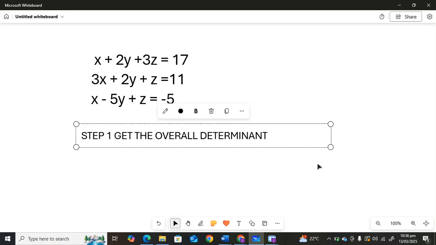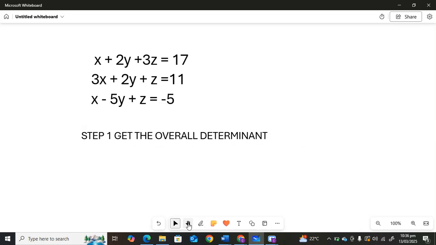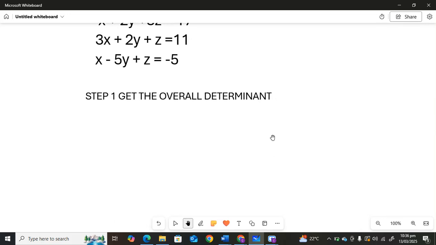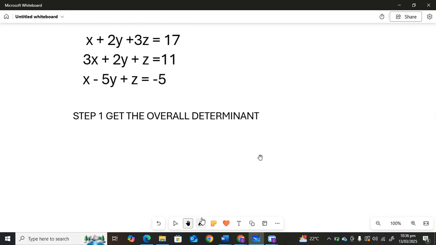The way we're going to do that, we need to form a matrix. So form our matrix here, and we put the coefficients of these equations here.